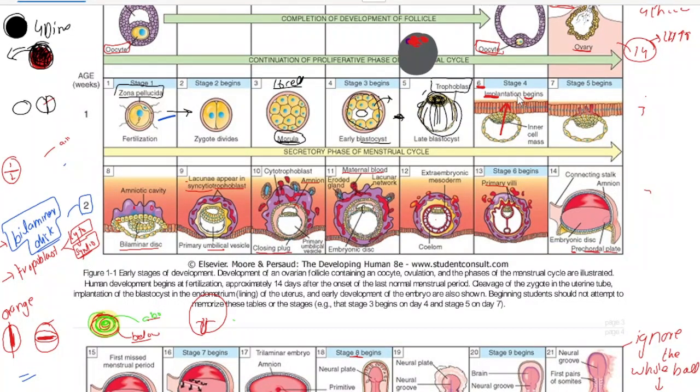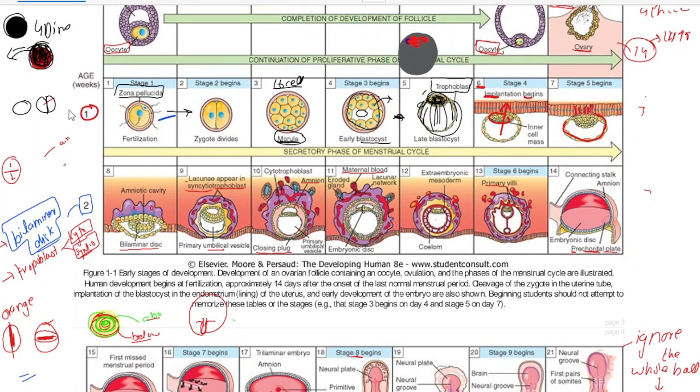So implantation begins at day 6. The blastocyst has an inner cell mass and the trophoblast. When this cell wants to go inside the mother's uterus, it makes an invagination. This invagination goes inside. We have to remember that this is the trophoblast.